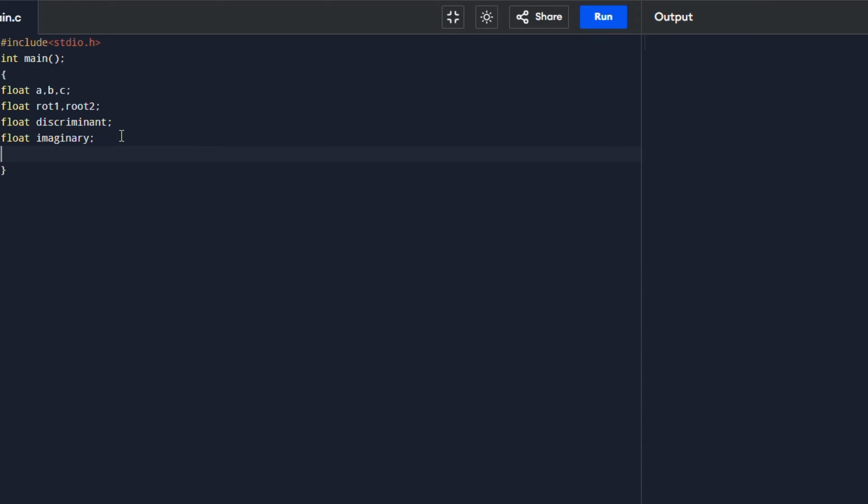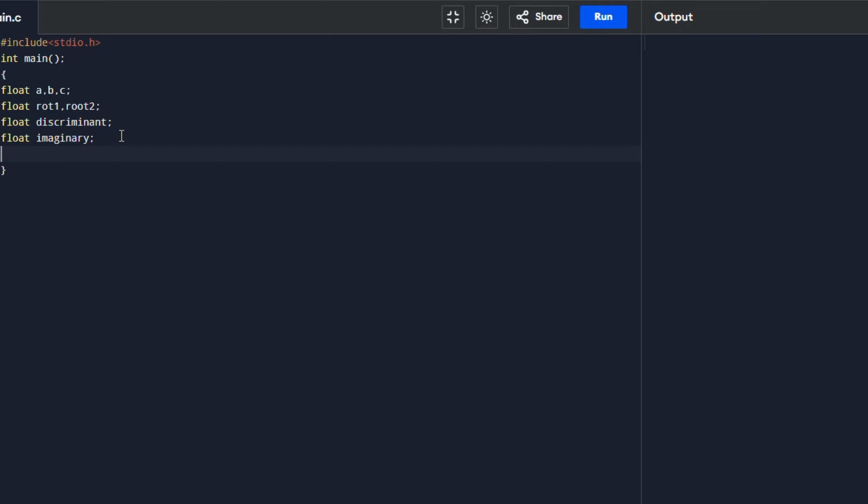Now let's read input. If the user enters 2, 5, 3 as the input, that is 2x² + 5x + 3 = 0, we need to ask for it, right? So for that we use printf and scanf.